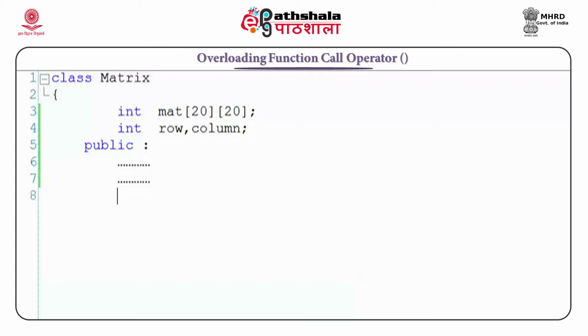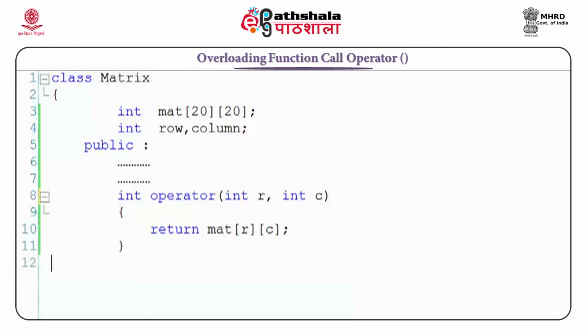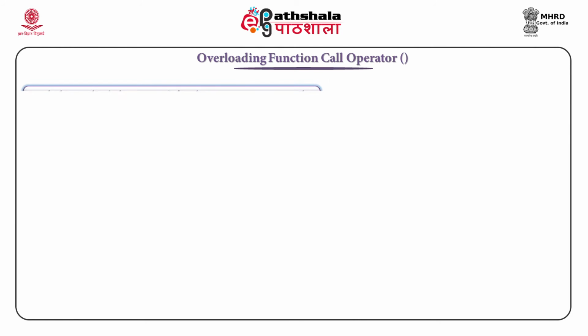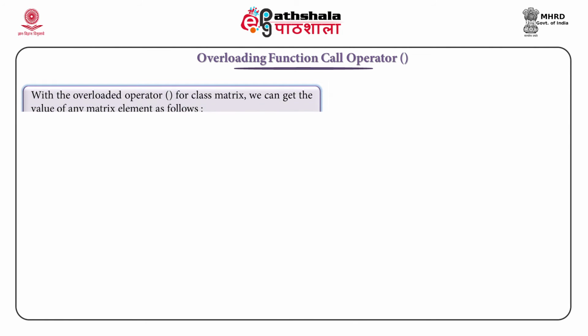Have a look at the function that we have overloaded in matrix class. It is int operator followed by function call operator having two integer arguments r and c. This function will return the element stored in the matrix at rth row and cth column. Once this function is added to a matrix class, we can use this operator on the object of matrix class as follows.